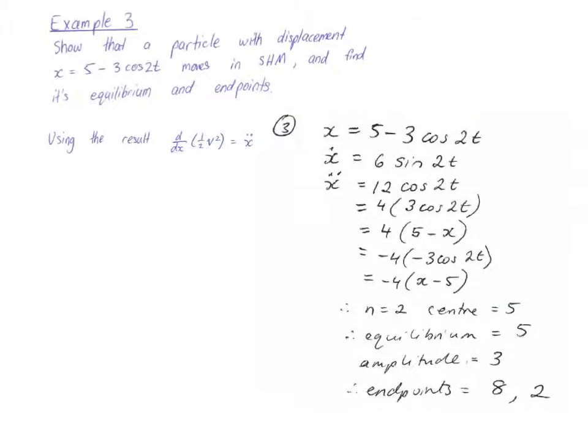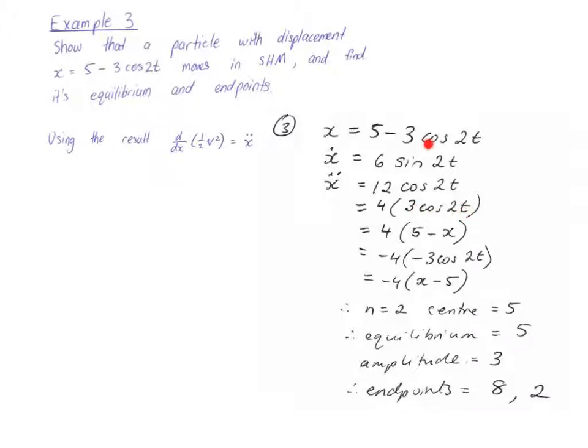Next example: show that a particle with this displacement moves in simple harmonic motion and find its equilibrium and endpoints. Starting with our equation of displacement, differentiating to find velocity, differentiating again to find acceleration, and factorising out the 4 so that you have the 3 cos 2t in there, which was part of the original displacement equation. You can do that two ways.